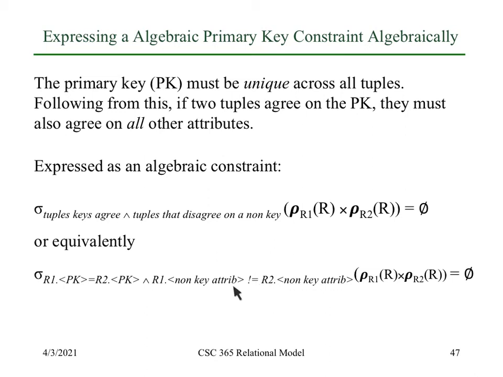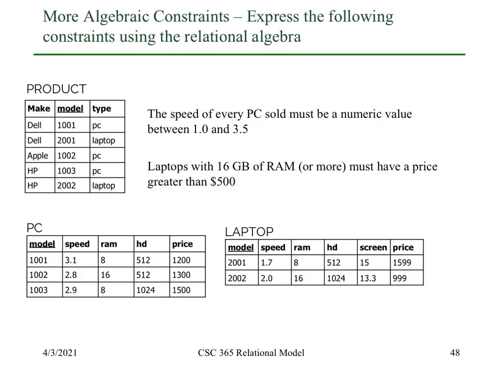So basically this is saying that for any non-key attributes, if they disagree, then you wouldn't have the empty set, and so they must agree since you ended up with the empty set. So that takes care of primary keys and foreign keys.